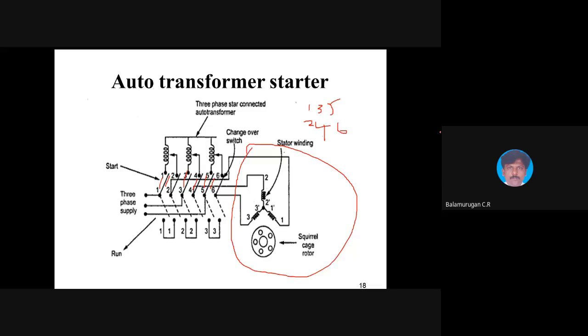During the starting condition, you adjust the auto transformer to limit the voltage.